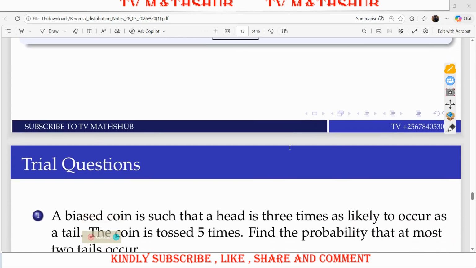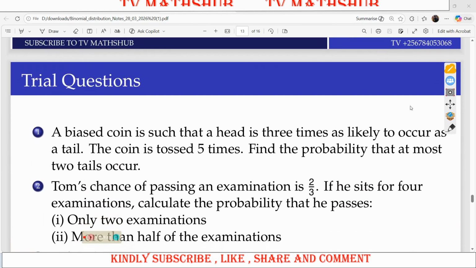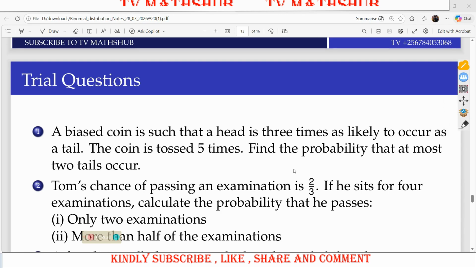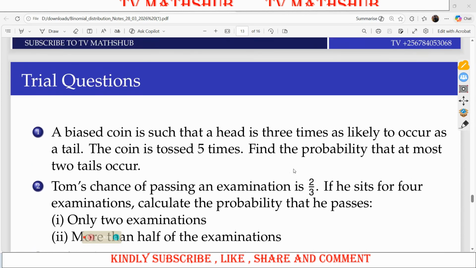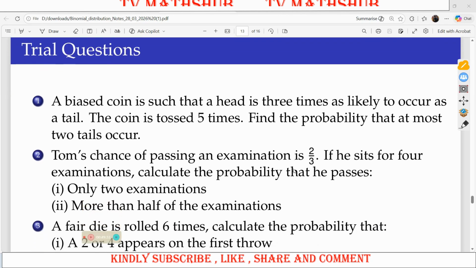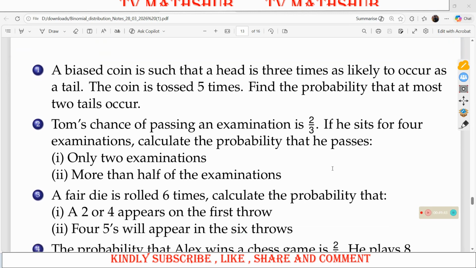And here are some of the questions for you to try out. Remember, whenever these questions are left, please make sure you try them. Try as much as possible to get the answers. So here we have many questions, so make sure you give them your time. We have questions 1, 2, and 3 here.